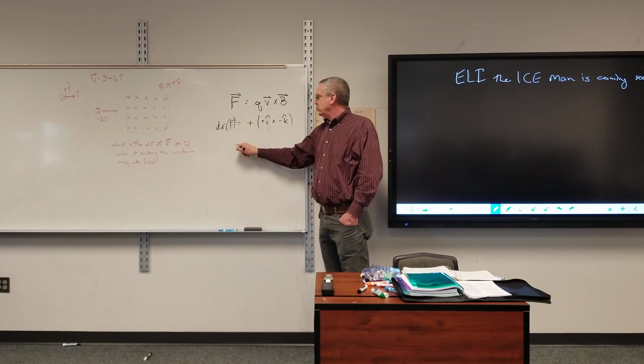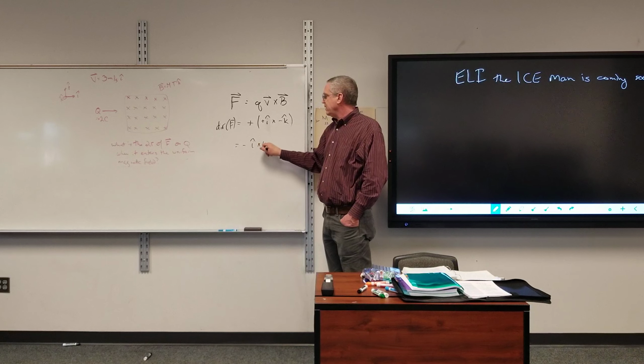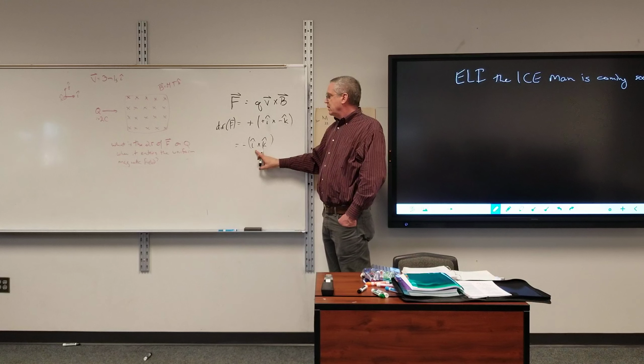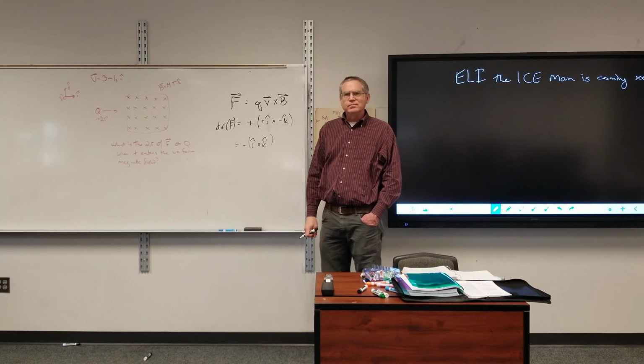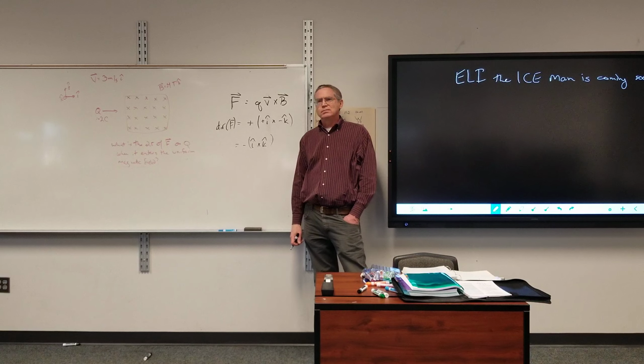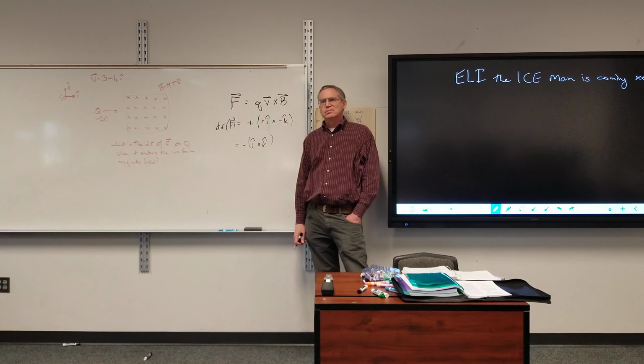So I'm now down to negative I hat cross K hat. Negative just factors out. I cross K is J. Why do you say that? Well, it has to be perpendicular. Yeah, why is it not negative J?